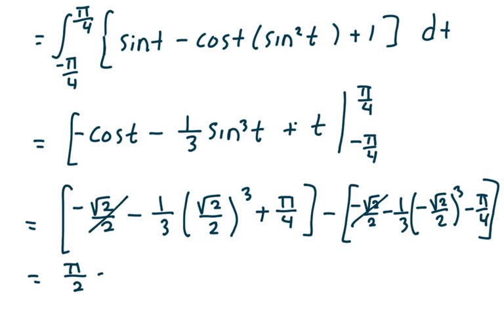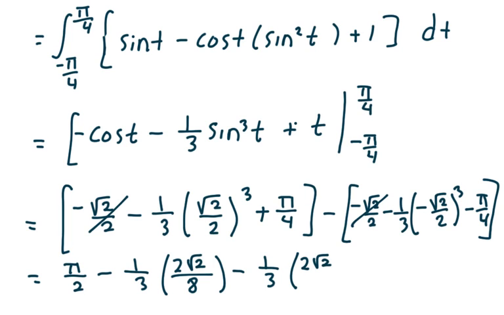And then I get minus a third times 2 root 2 over 8. And then a negative times a negative is a positive, and there's another negative there. So I'm going to get minus a third times 2 root 2 over 8.